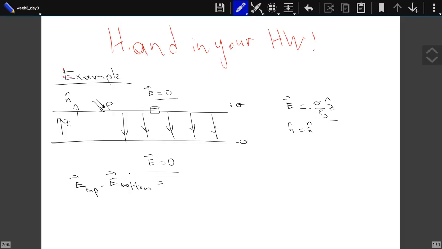Zero. It is 0. So for this surface, since we are taking the n vector to be in the z direction, this is the top surface. This is the bottom surface. If you approach our surface from the top, electric field is everywhere 0, including at the top of the surface.